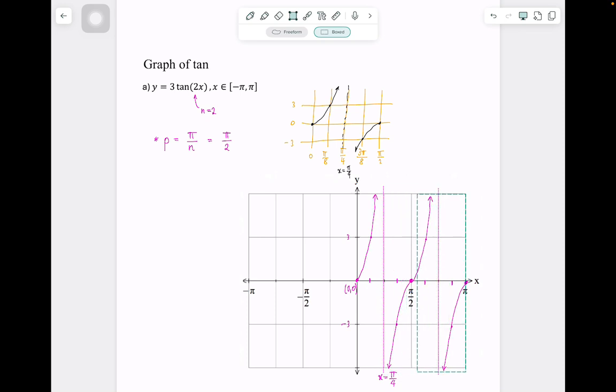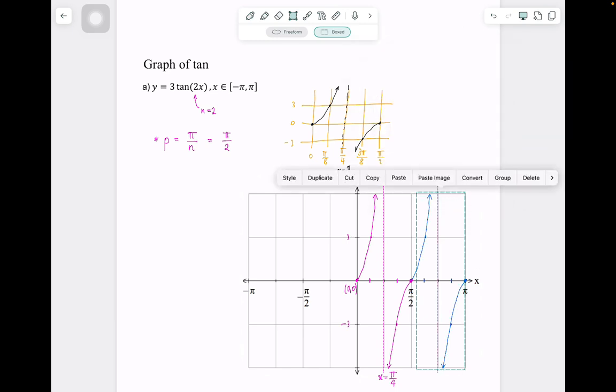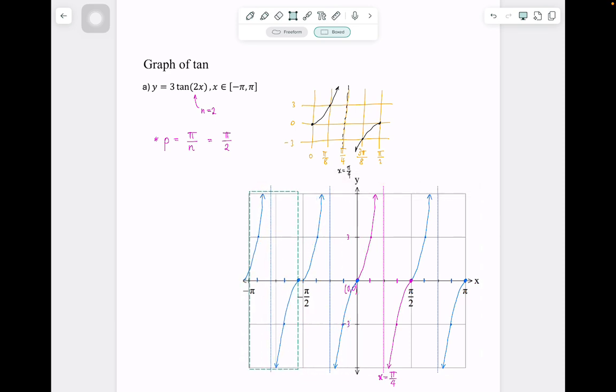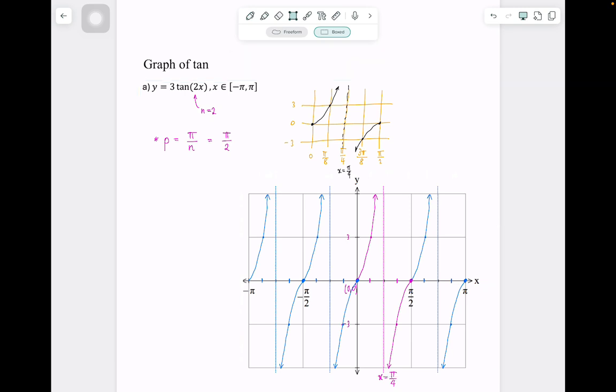If I repeat it like so, in a different color, then we can produce the remainder of our graph for the remainder of the domain. From there, we can just label our graph.